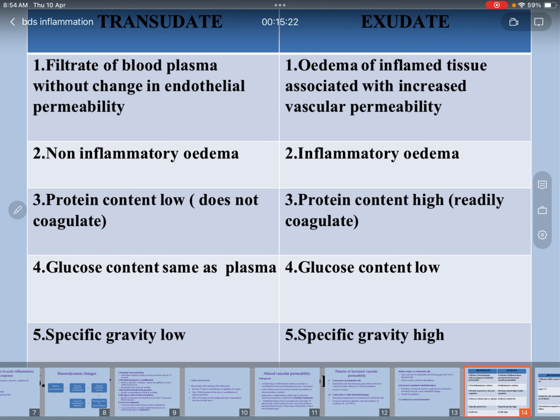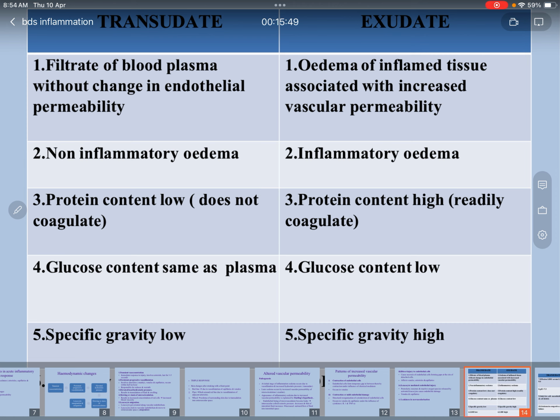So we have to understand the differences between a transudate and an exudate. In the case of transudate, this is a filtrate of blood plasma without change in endothelial permeability. An exudate is edema of inflamed tissue associated with increased vascular permeability. A transudate is a non-inflammatory edema. An exudate is an inflammatory edema.